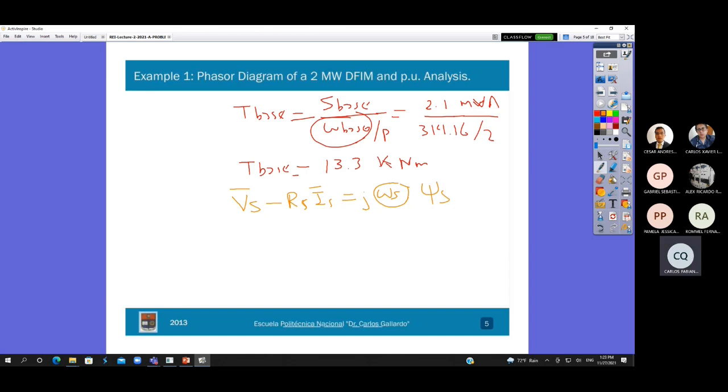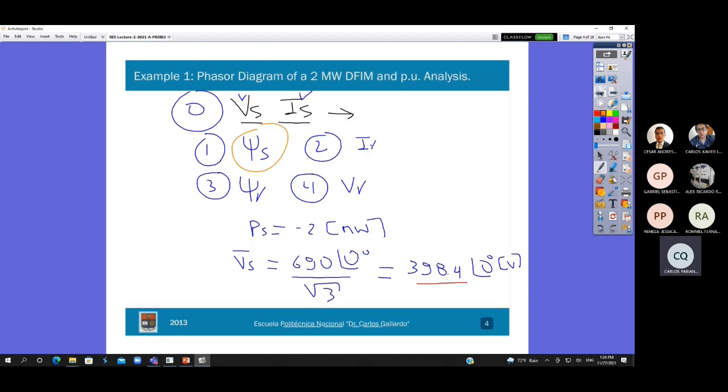From this equation, isolating the stator flux, this is the methodology. The first step is to compute the stator flux. What about the voltage? This value is 398.4 with 0 degrees, minus the stator resistance.